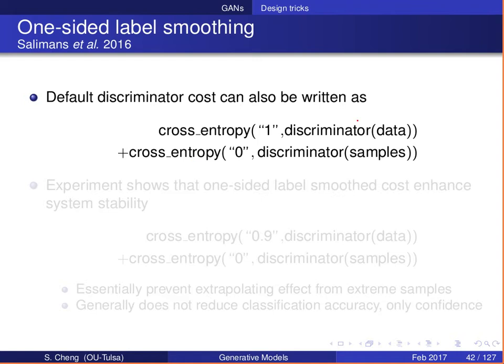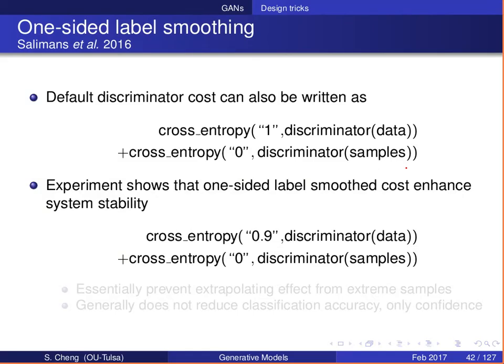But it's essentially doing a cross entropy between one, basically a delta function, and the discriminator output, and then plus this other term. So this is from the original data, the genuine data, and this is from the fake data basically.